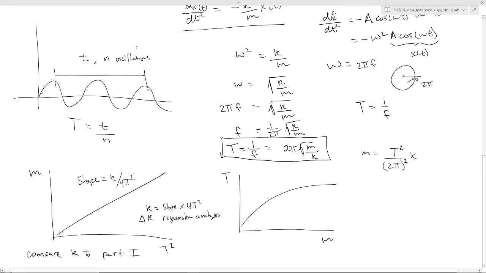And that's basically it. So we're going to look at stretching the spring, and then we're also going to set the system in motion and look at the period of those oscillations as a function of adding mass and see how that changes. And then we can force this into a linear plot and extract the k as well and compare it to what we got from the first part.